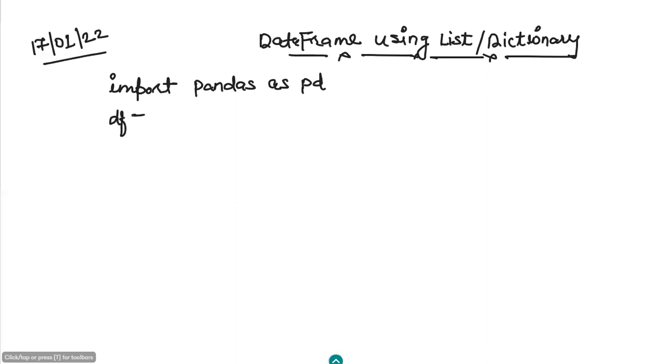df is equal to pd dot, now call the data frame method. See this. Now I'm passing a list which contains some elements with null values.